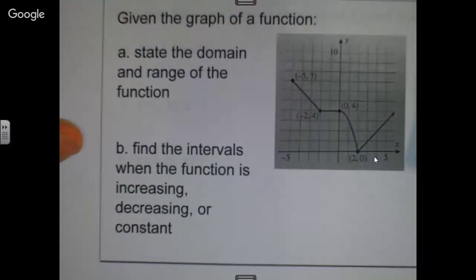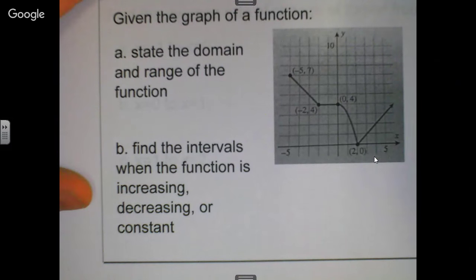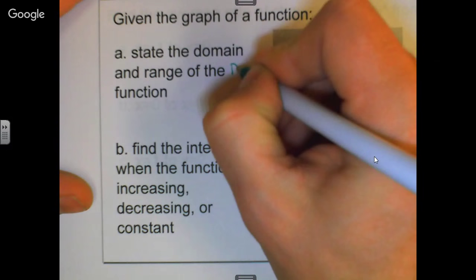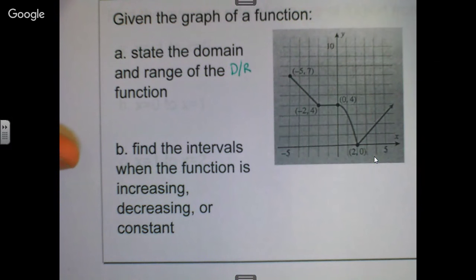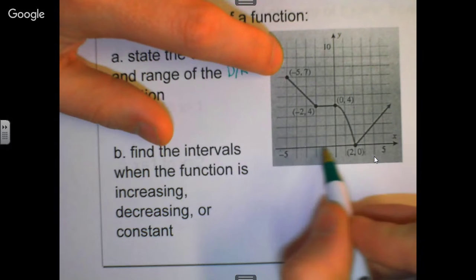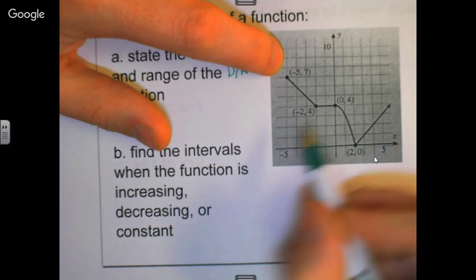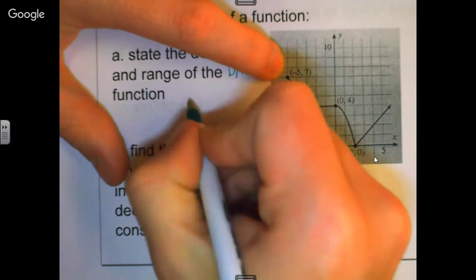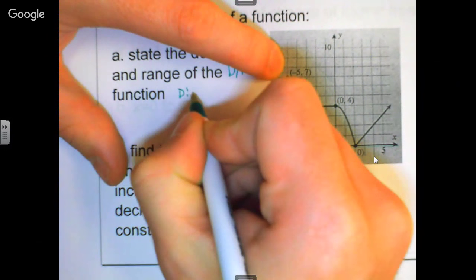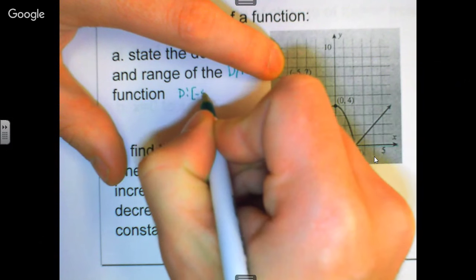All right, state the domain and range of the function. Often I might just put state the DR, domain slash range. Domain is our x value. So if I look at the x-axis, where does my graph cover it? The lowest it could be is -5.